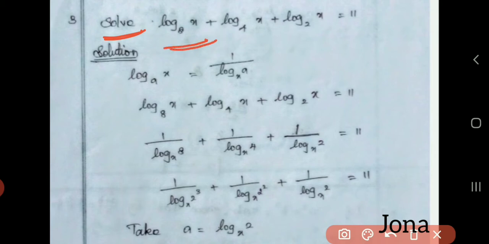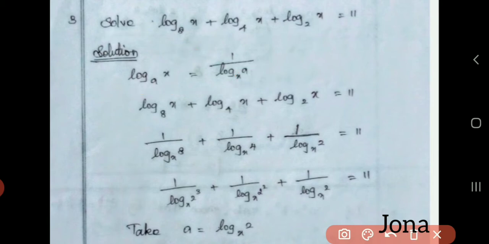For this I want to follow the logarithmic formula: log x base a equals 1 by log a base x. We have to interchange these two when writing the reciprocal.